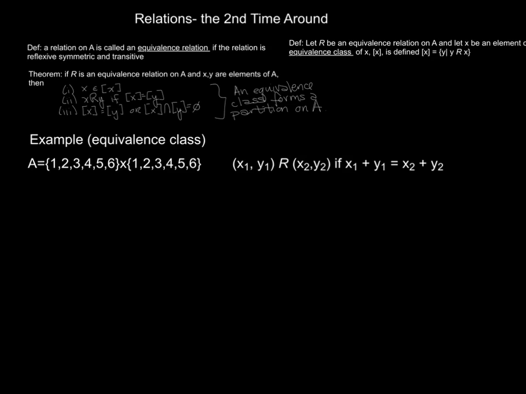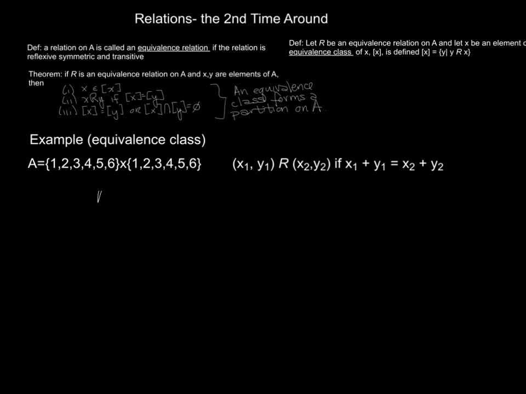We have a set A, which is a cross product. A is equal to the set {1, 2, 3, 4, 5, 6} cross {1, 2, 3, 4, 5, 6}. To say that A is a cross product means we have to look and see what A looks like.